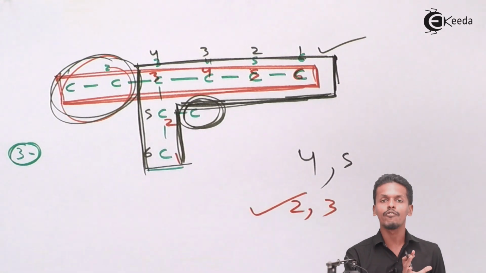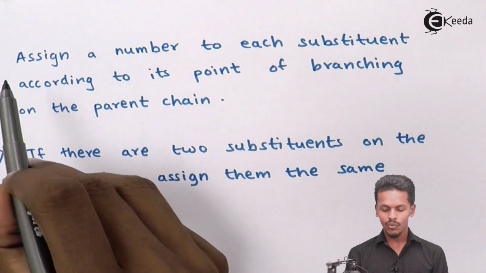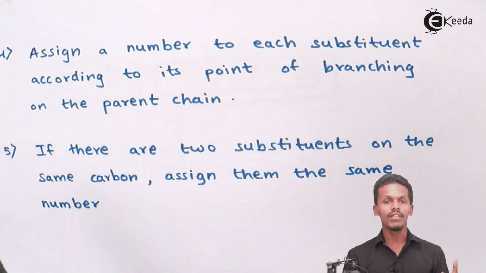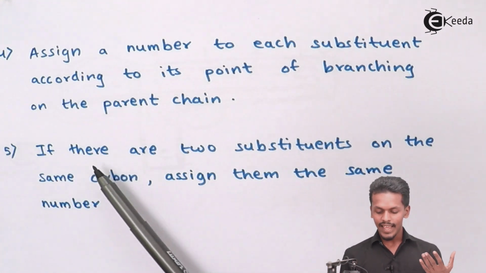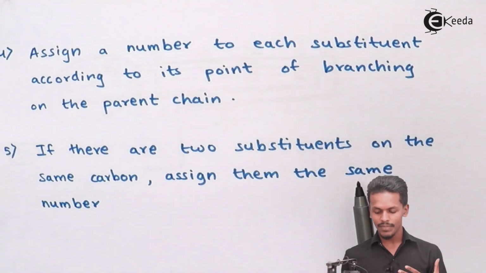That is the number that I have to provide to the substituent also. So that is what it explains, that we have to assign a number to each substituent according to its point of branching on the parent chain. So this is what we have understood. Now let us do the next one. It says that if there are two substituents on the same carbon atom, assign them the same number.